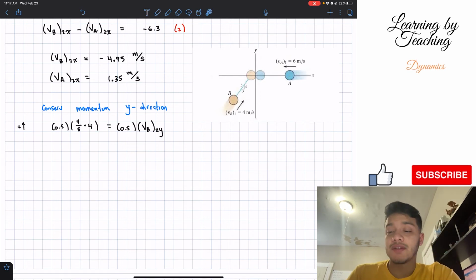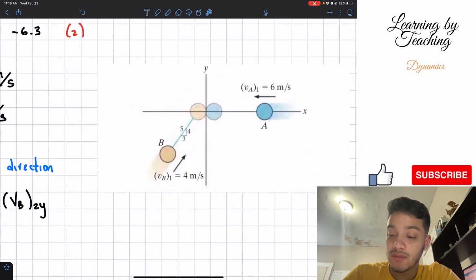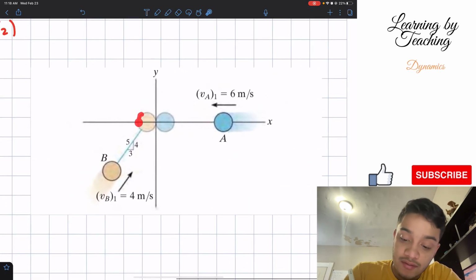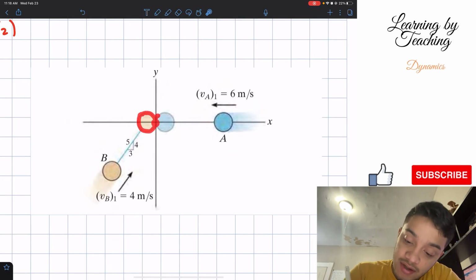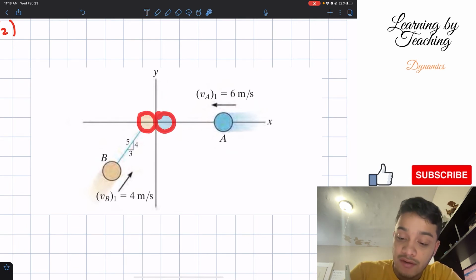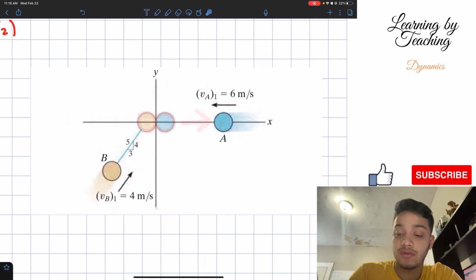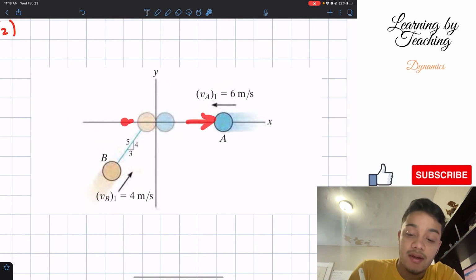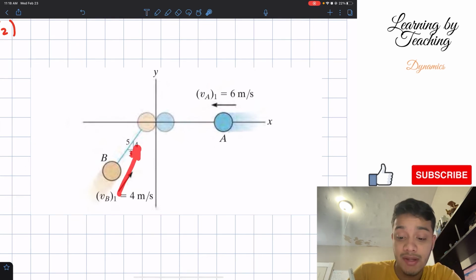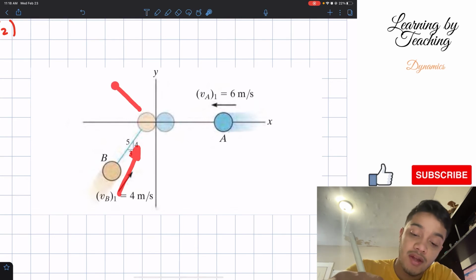And you guys may ask, but what about the velocity of a in the y direction after the collision? Well, since both discs are hitting like this, just by momentum, my disc A will want to go towards my right and my B towards my left. However, since initially only B has some y, we will end up having a final resultant like this.